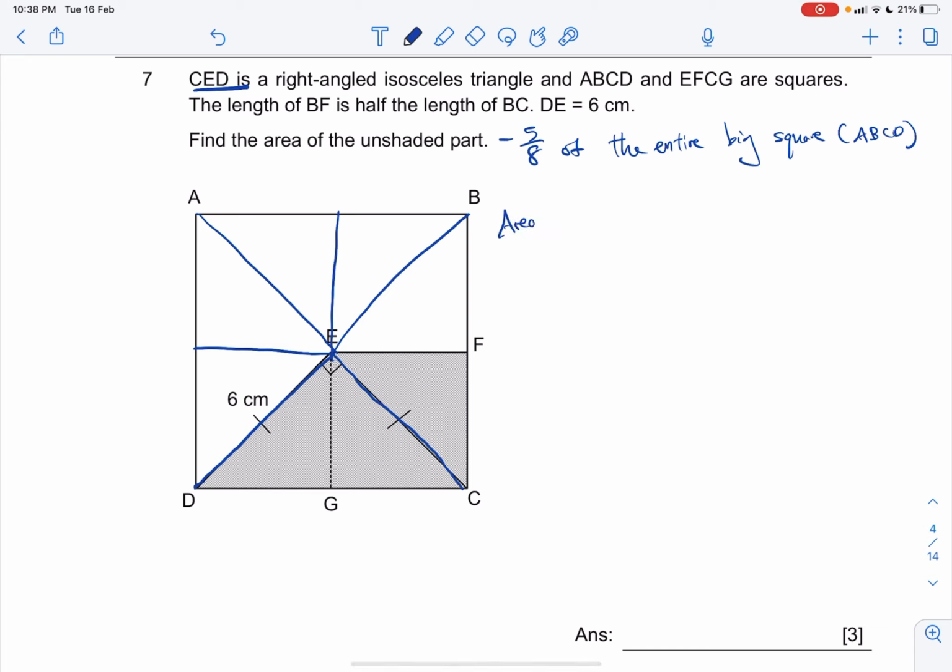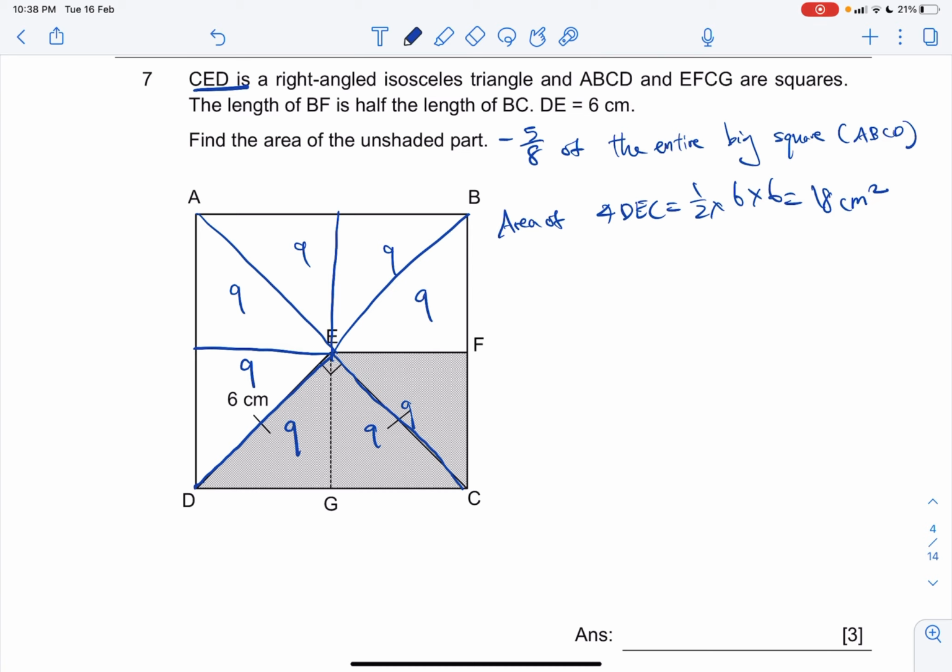The area of triangle DEC is half times 6 times 6, which is 18 square centimeters, which means that 1 part is 9. So actually, I don't even really need this line here. So what is the area of the unshaded part? It's just 9 times 5, 45 square centimeters. And, well, what do you know? That's how it's done.